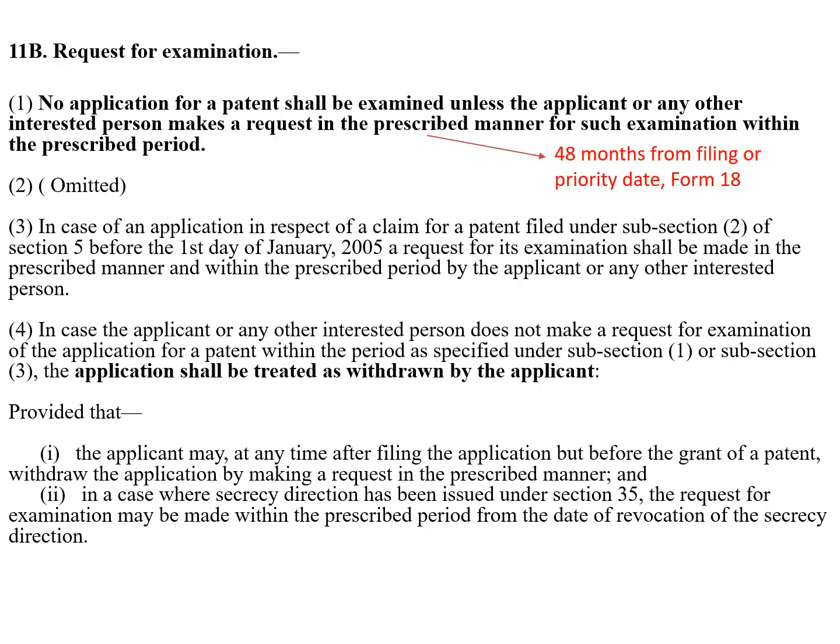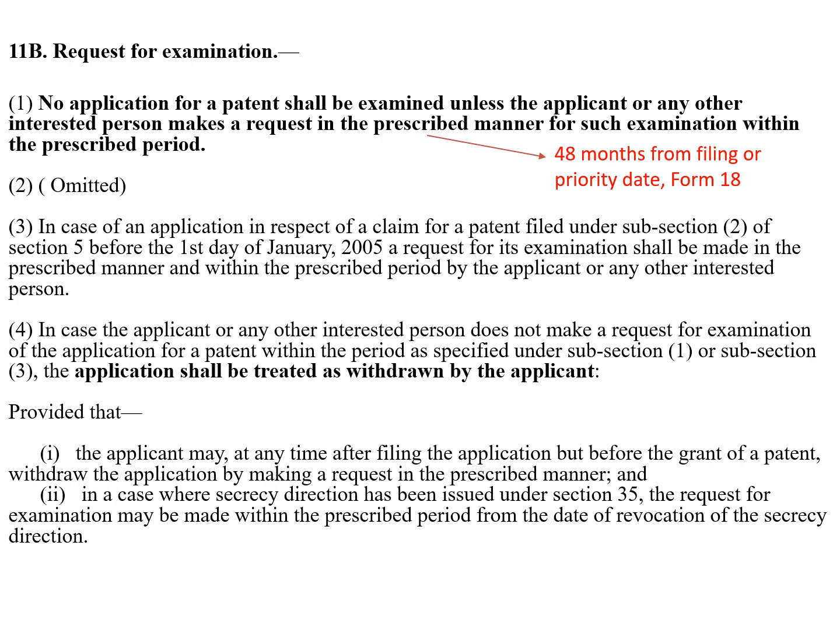Subsection 11b deals with the request for examination, another very important subsection. It says that no application shall be examined unless the applicant or any other interested person, so remember this as well, makes a request in the prescribed manner for such examination within the prescribed period, and that is 48 months from filing or priority date.